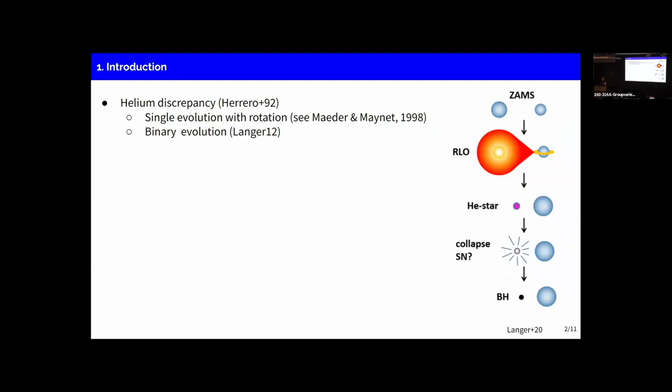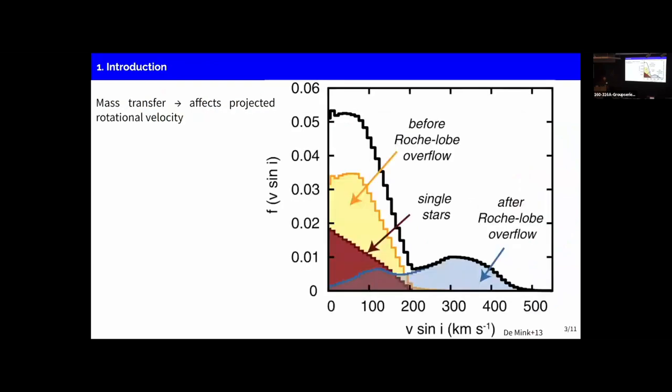I'm centering on this last case, and it's interesting because the theoretical predictions said that due to this infalling material, there should be an acceleration producing a tail in the projected rotational velocity distribution. So these are theoretical predictions.